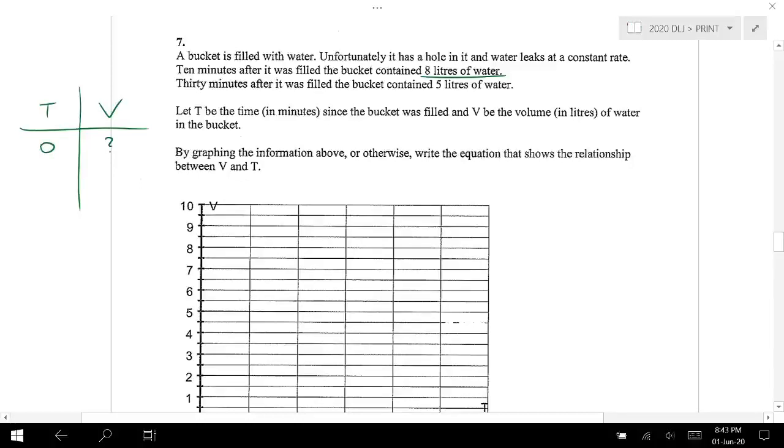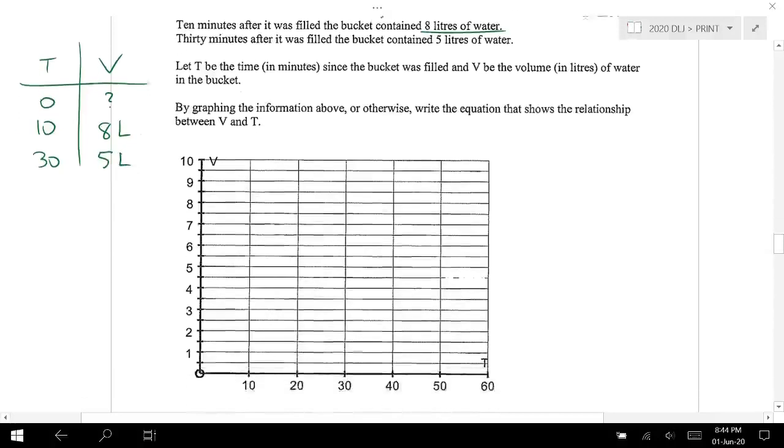At time 10 minutes, there was 8 litres of water in the bucket. At 30 minutes, there was 5 litres of water in the bucket. Okay, so we got those 2 points.